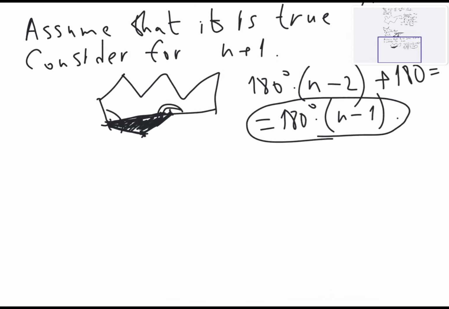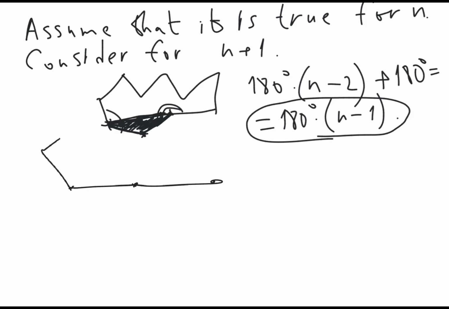Technically we need to consider three cases, not two. We need to consider the case when the angle is exactly 180 degrees. So we have some polygon here, and the angle is exactly 180 degrees. This case is kind of trivial because we just remove this vertex and consider this as a single side.